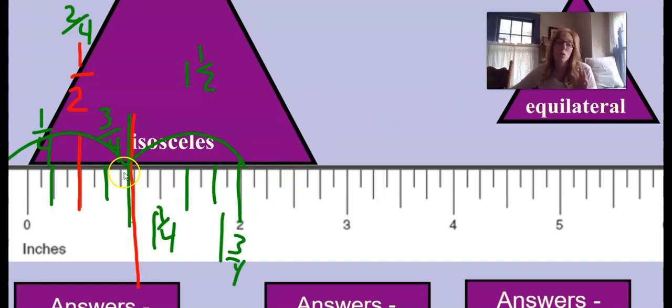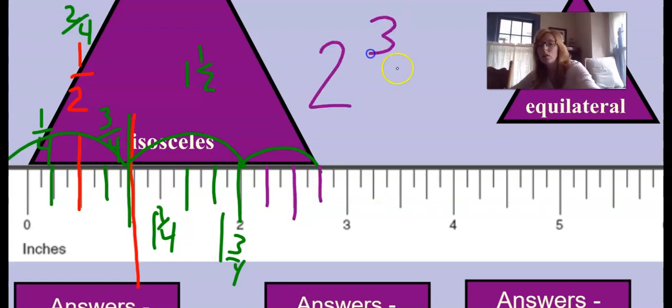Okay, so if you look here, this isosceles is 1 inch, 2 inch, and then it goes right here. And so if I change the color, so there's 2 1/4, 2 1/2, and 2 3/4. So it would be 2 3/4 of an inch.